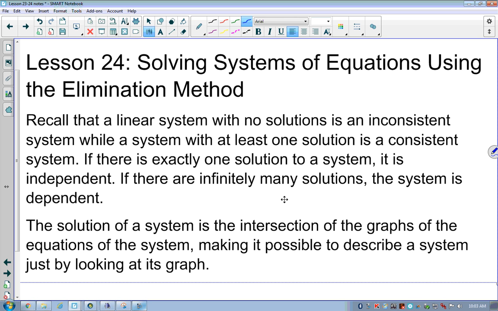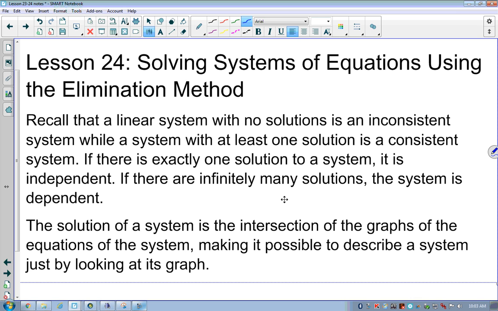Okay? If there are infinitely many solutions, the system is dependent. Okay, so where two lines are the same line, it is consistent and dependent. Okay. All right. If there is no solution, it's inconsistent and I believe dependent.